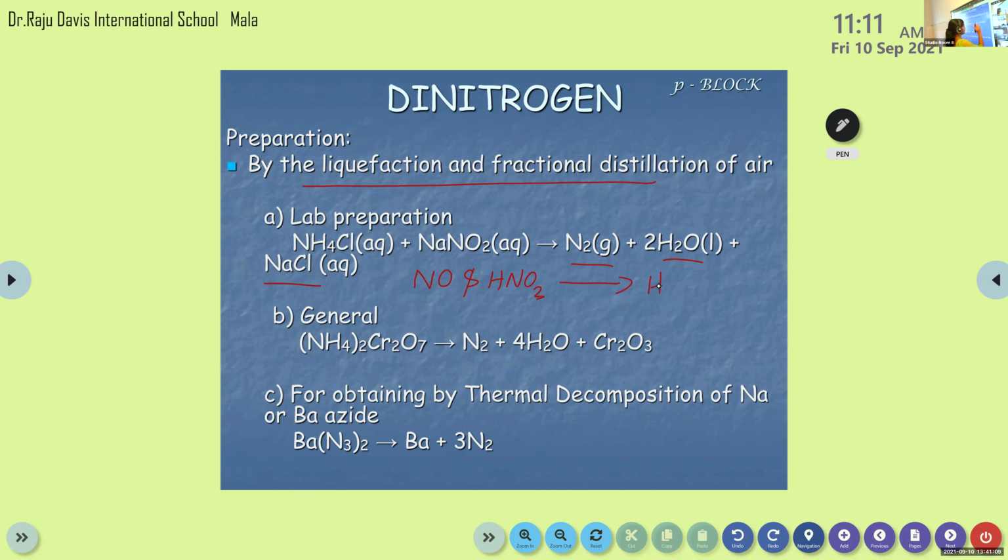That is H2SO4 and potassium dichromate, K2Cr2O7.